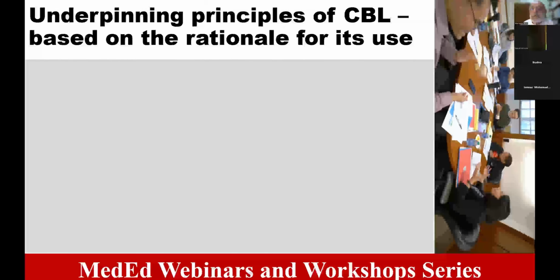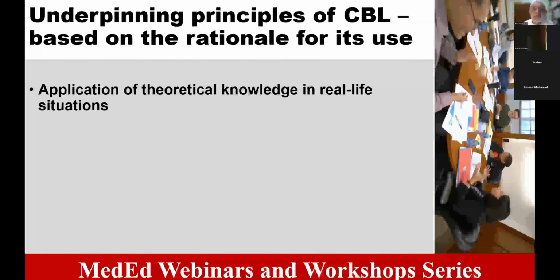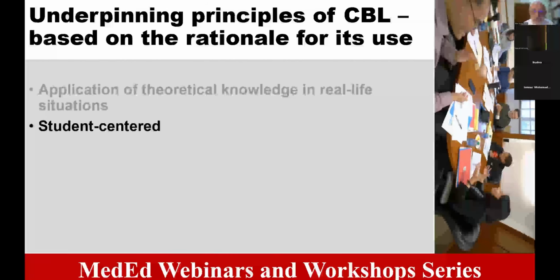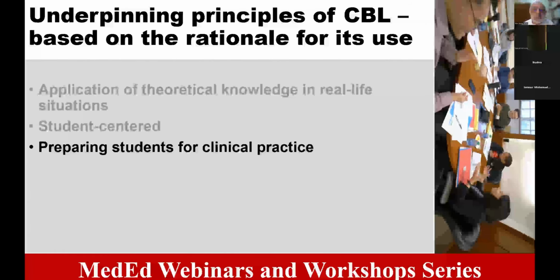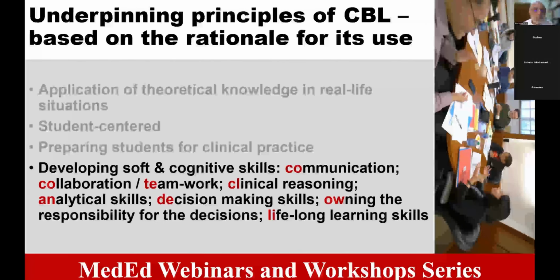So based on this rationale, which we have discussed just now, if we want to summarize the underpinning principles of case-based learning, they would be, number one, application of theoretical knowledge in real-life situations, student-centered, preparing students for clinical practice, and developing soft and cognitive skills like communication, collaboration, teamwork, clinical reasoning, analytic skills, decision-making skills, owning the responsibility of the decisions and lifelong learning skills.